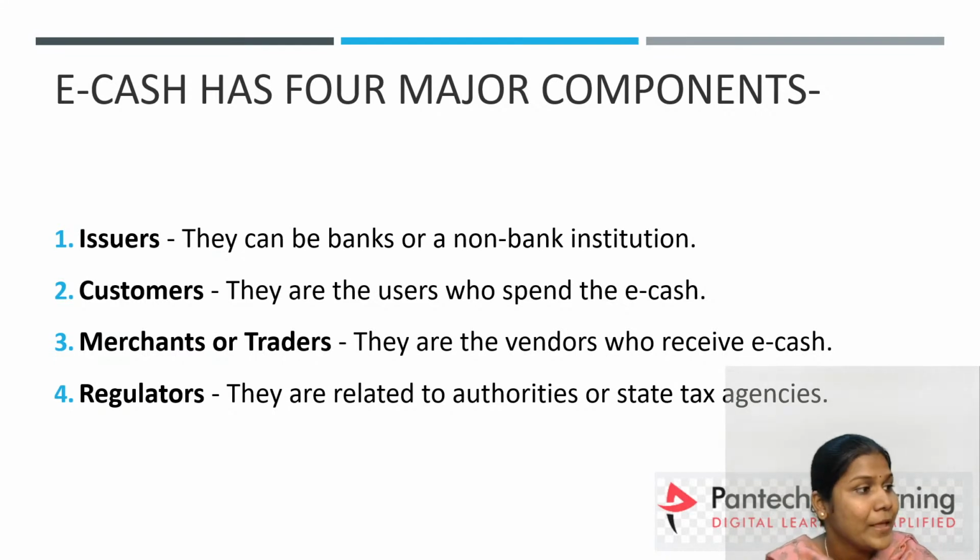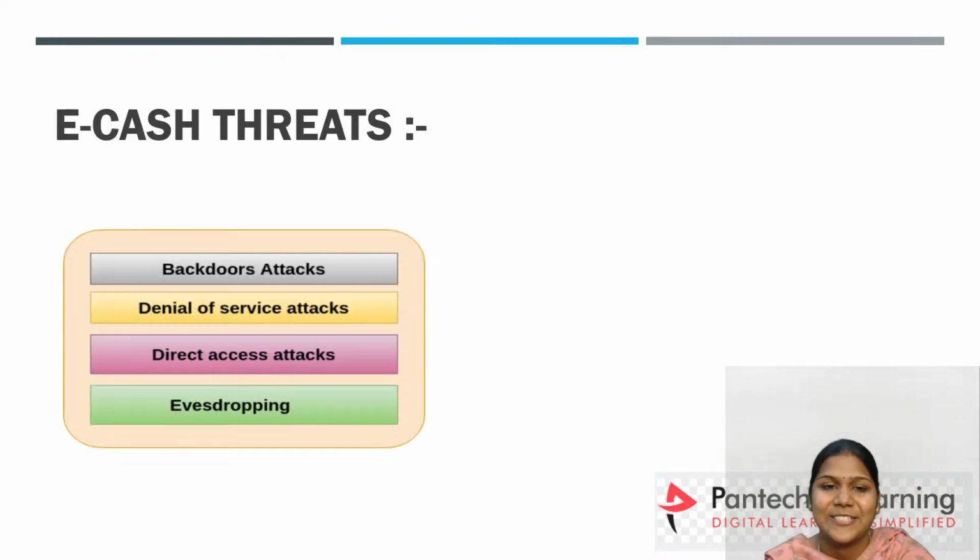Regulators are related to authorities or state tax agencies. So these are the four major components of e-cash payments: issuers, customers, merchants or traders, regulators.